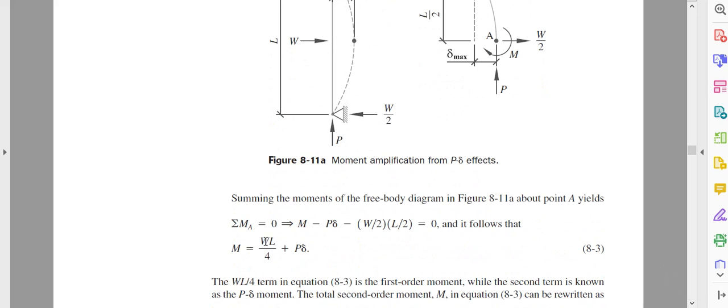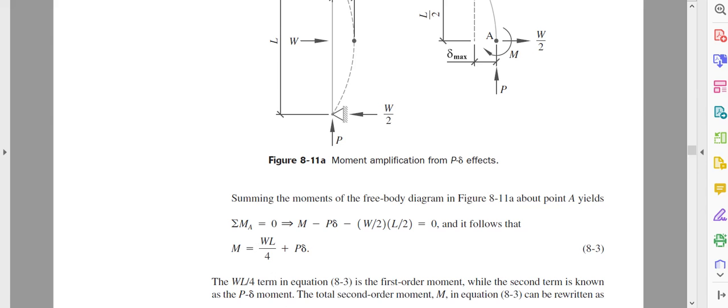WL by 4 is our actual analytical or theoretical moment. This P delta is additional moment that comes due to the buckling. We do not know exactly what the buckling is. So what do we do? We multiply by a factor called B1.